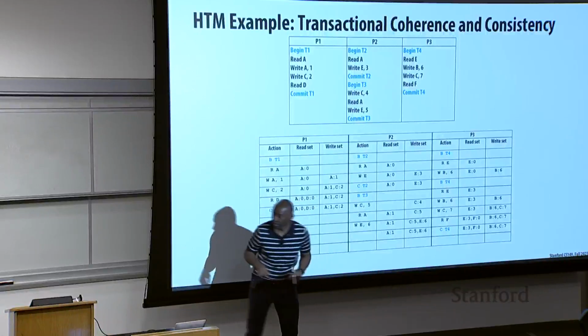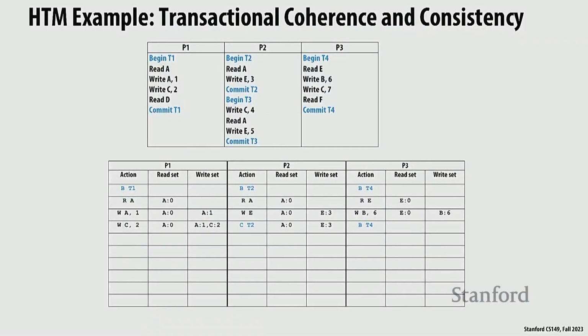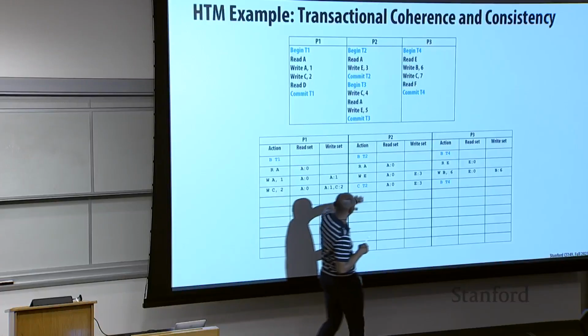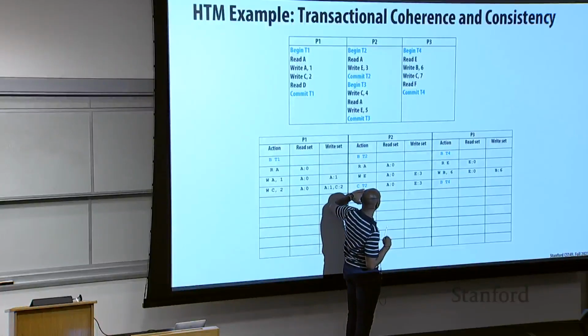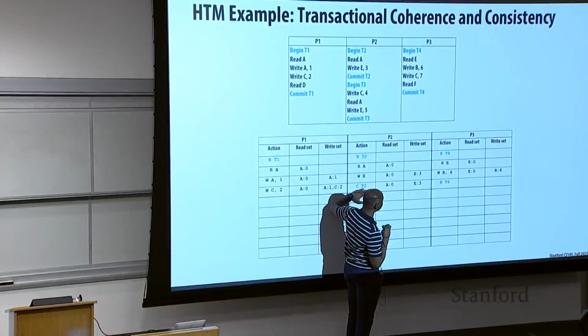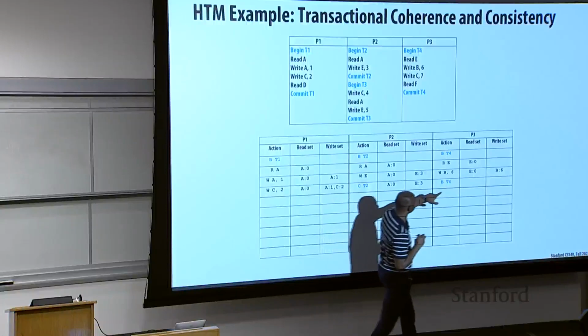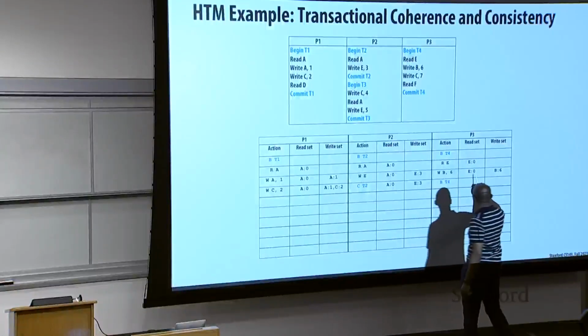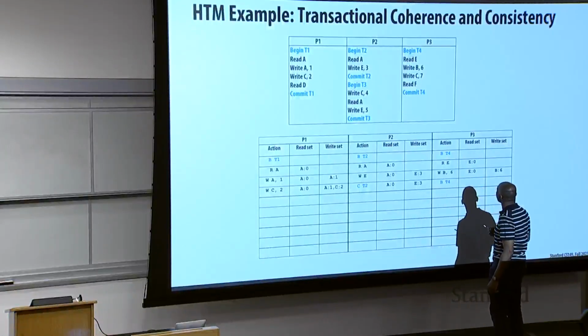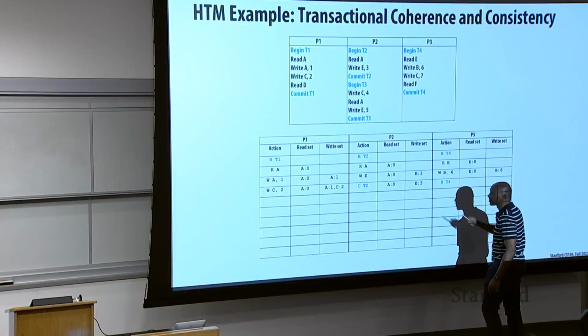I should have gone back to this last case. How about this case? Transaction 2's committing. Transaction 4 has to be restarted. Yes, transaction 4 has to restart because the read set of transaction 4 contains E, right?